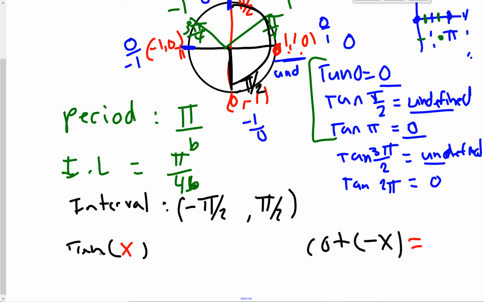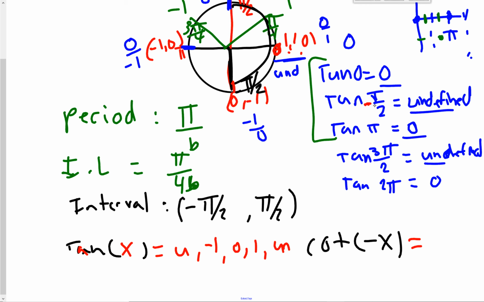Tangent of x is always going to give you undefined at negative pi halves, and then negative 1, 0, 1, undefined, because we're going here in between the quarters.